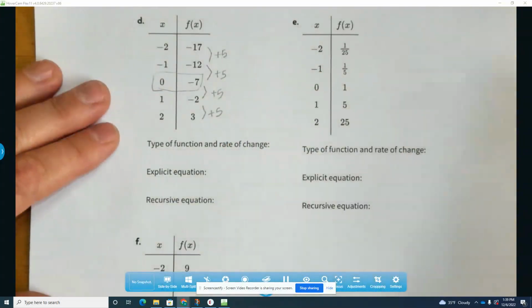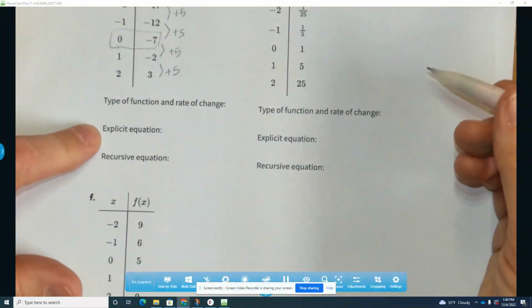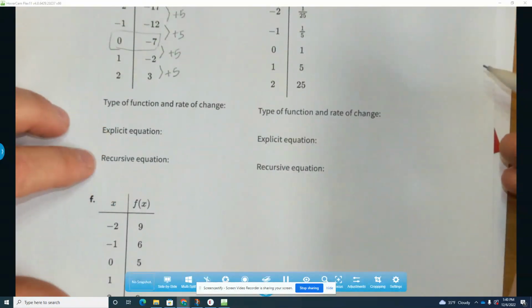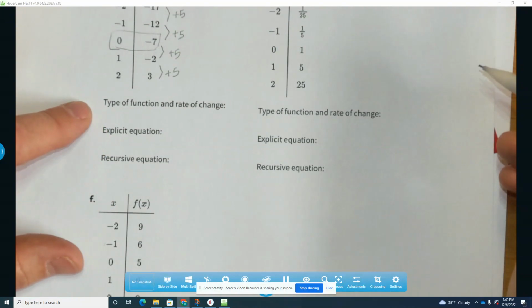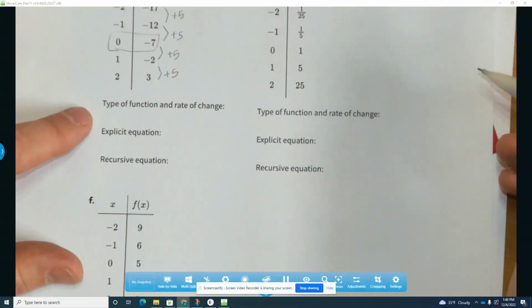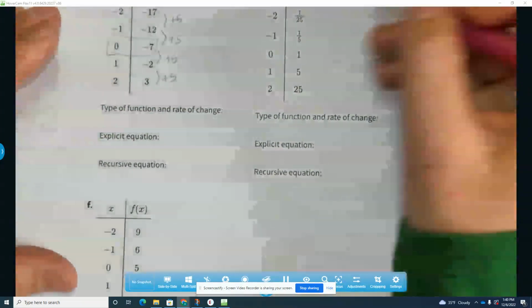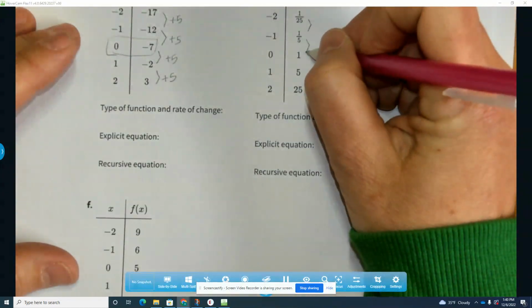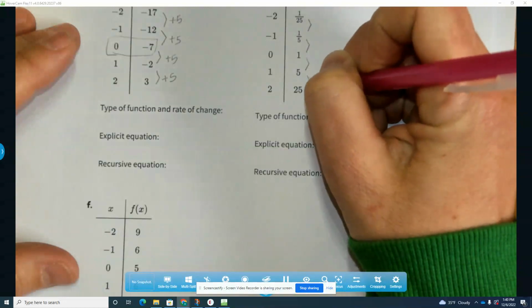And that pattern seems to continue. I'm going to let you guys write the equations for this. Just because I don't do it in the video doesn't mean it's not required. This is required. Every problem in the Ready, Set, Go is required. Okay, let's look at E. This is pretty tough. Those first 2 terms are a little tricky to see.